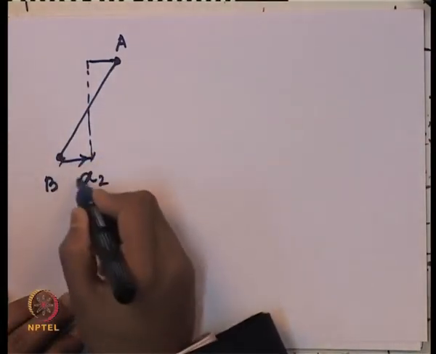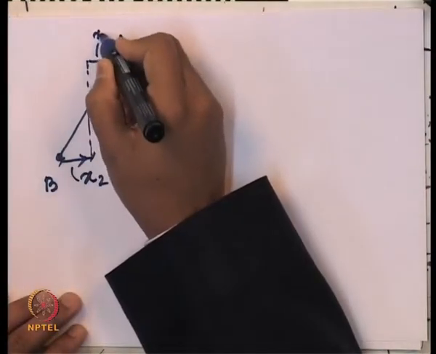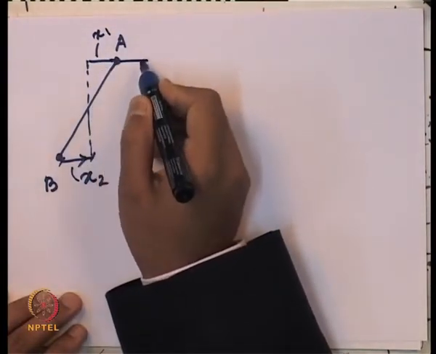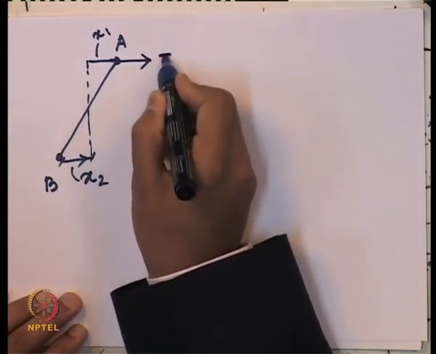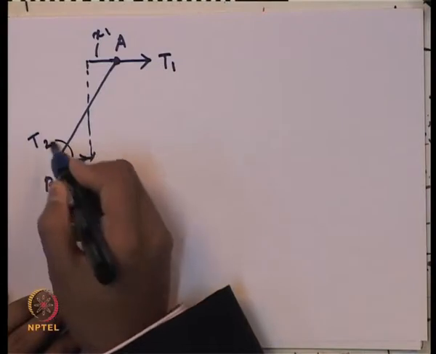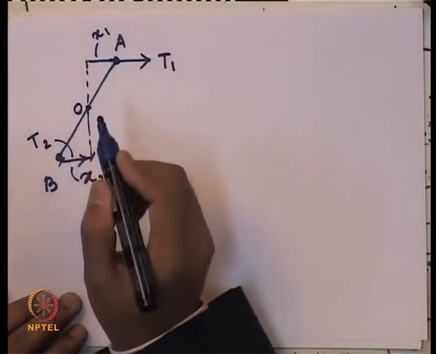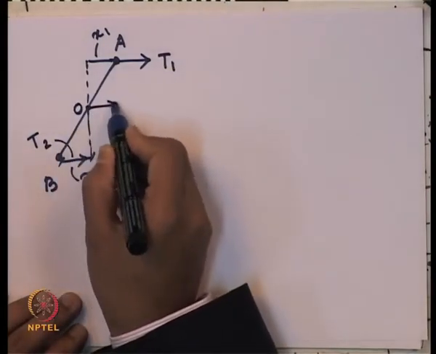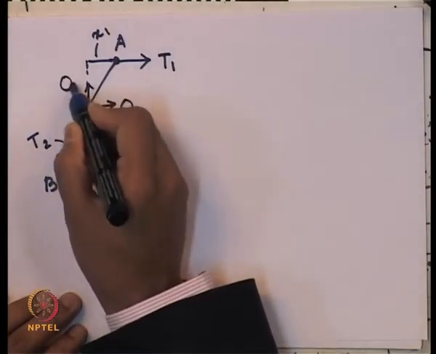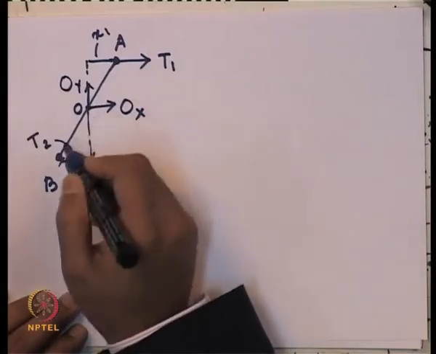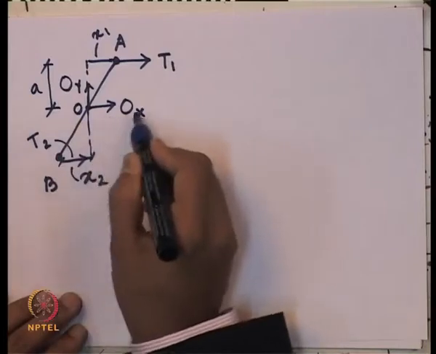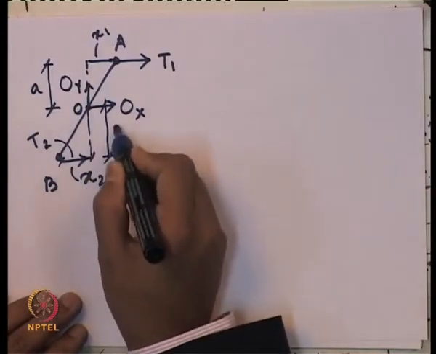So, this distance is x2, this distance is x1, and the corresponding forces are, let us say, T1 and T2. We have a hinge over here at O, where we can have reactions in the hinge in OX and OY directions, and these dimensions are given as a and this distance is given as b.